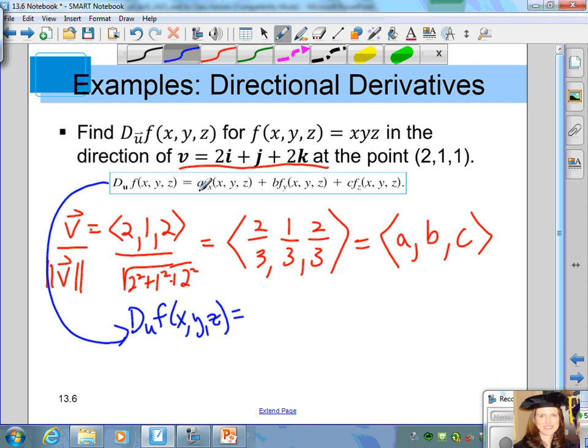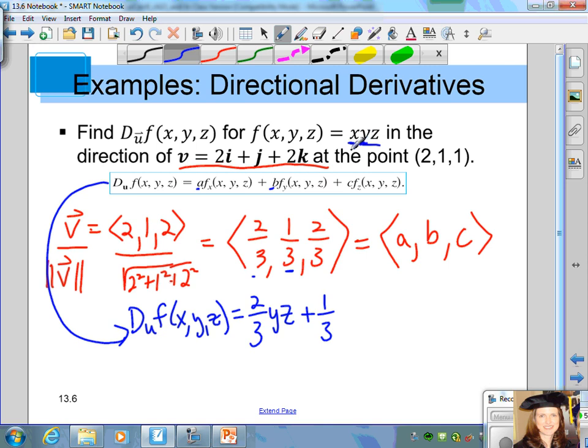So it's going to be a, where a is the first component here, 2/3, times the partial derivative of our function with respect to x. When you take the derivative with respect to x, you treat x as a variable and treat y and z as constants. So x times a constant, the derivative is that constant, which is yz, plus b, the second component of our unit vector, 1/3, times the partial derivative of our function with respect to y.